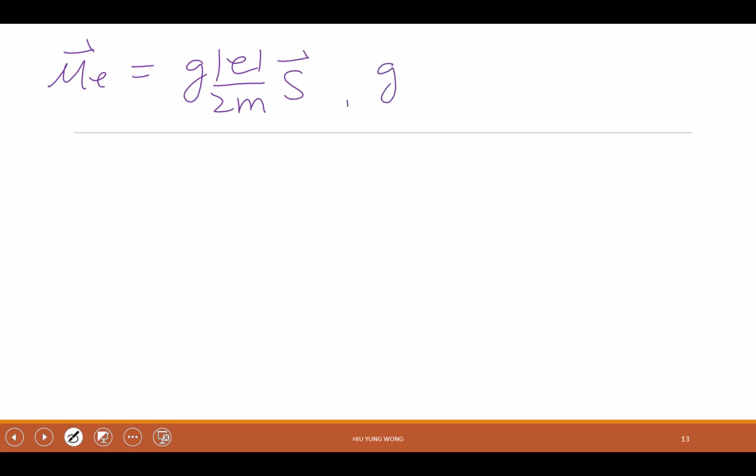With g being something called the g factor, which is approximately equal to negative 2.002. Think about this. If it is negative 2, you exactly cancel, right? Then you will get the equation I sent you. Classically, g equals 1. Then you will go back to e divided by 2m times S. Right?